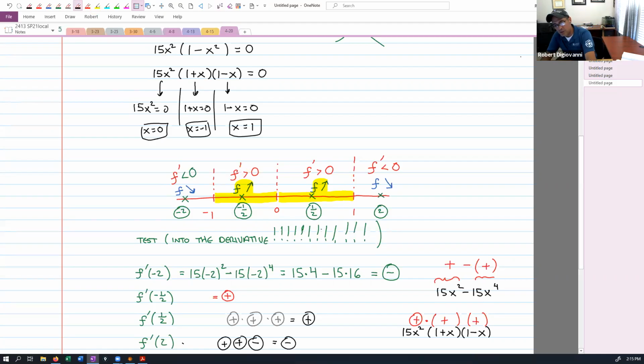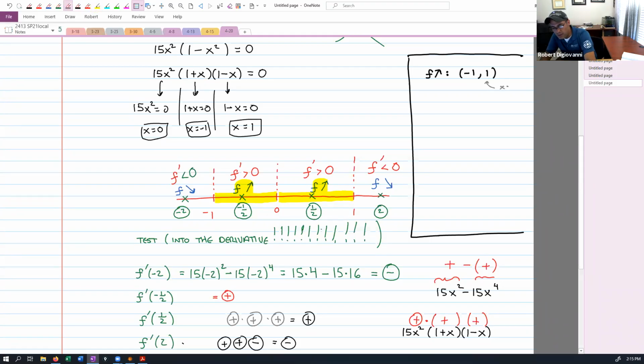This is going to be my answer over here. F is increasing. I like to put an arrow next to it, on the interval -1 to 1. So please note, everyone, these are X values that I'm giving you. I'm giving you the X values for where the function is going up. So between -1 and +1, my function is going up, up, up, up, up, right?